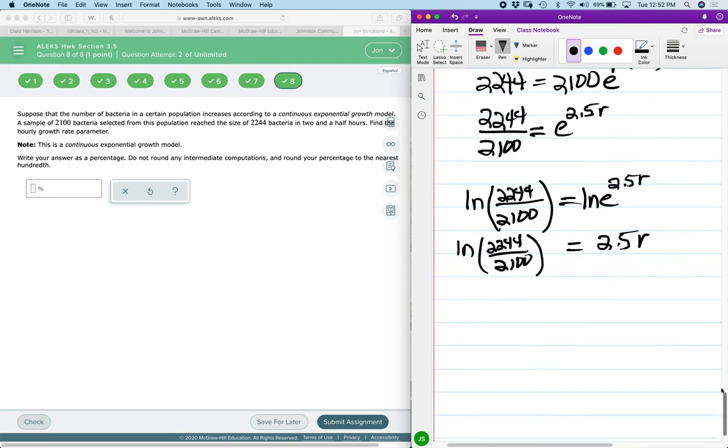To solve for r, we divide by 2.5. So we say 1 over 2.5, which is 2/5, times the natural logarithm of 2244 over 2,100.